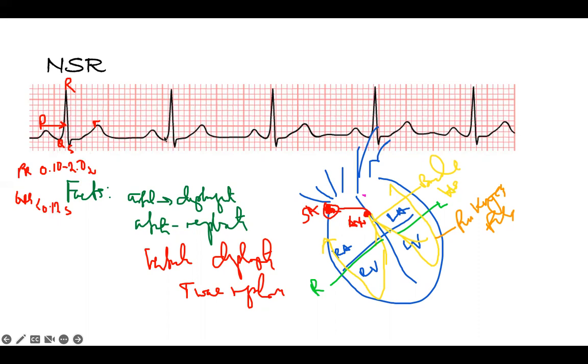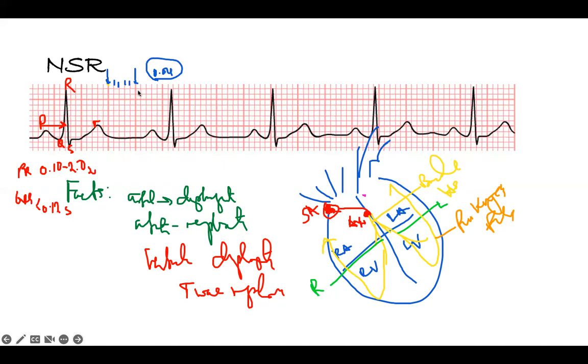How are they calculating it? You see these numbers? From this to this, there are 5 boxes, 1, 2, 3, 4, 5. Each little one is 0.04 seconds. So from here to here is 0.04, this is 0.08, and 0.12.